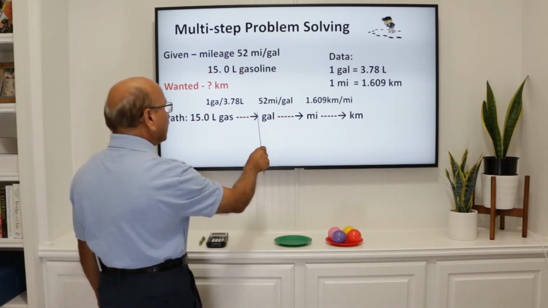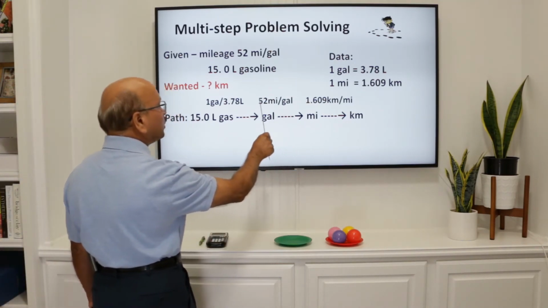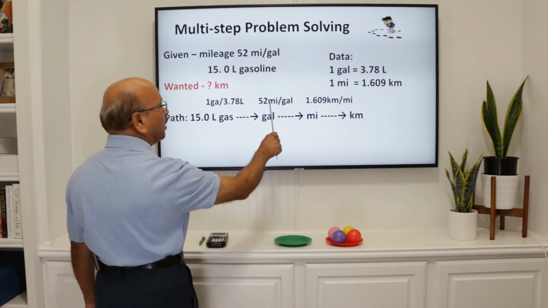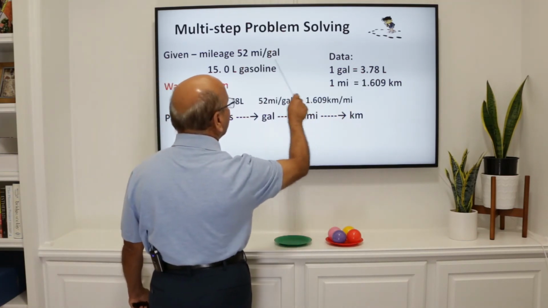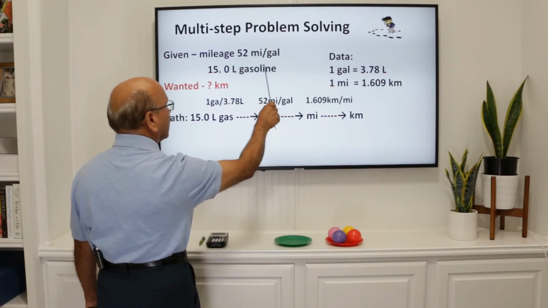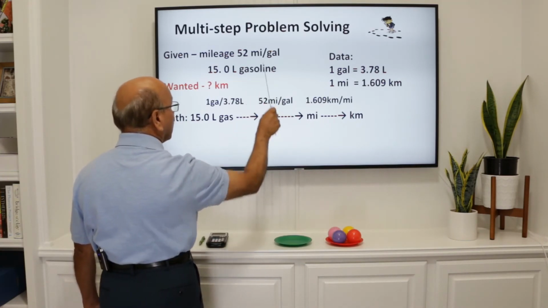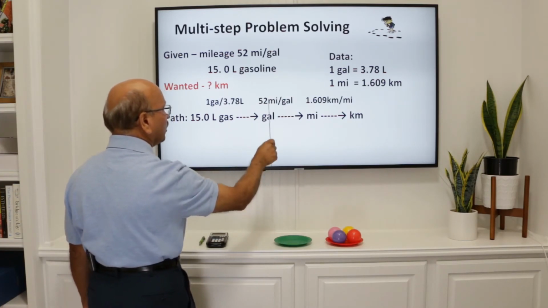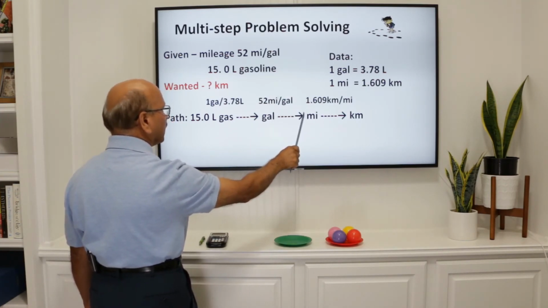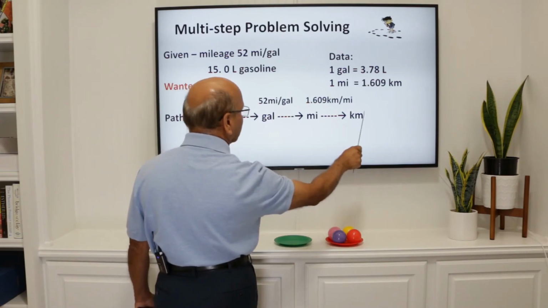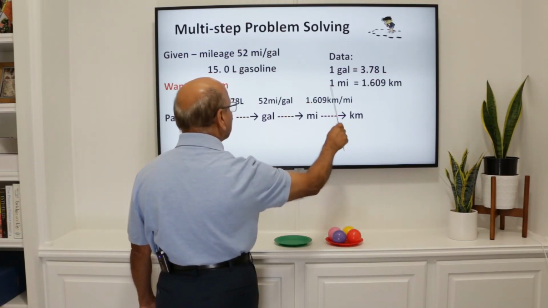Okay, then the gallon to mile, we're using the mile gallon connection. The mile to gallon connection comes in the mileage, and in there you have to keep the 50 mile over gallon, so that the gallon can cancel off and you get the mile. And again, mile to kilometer, since we want the kilometer, you keep the kilometer.